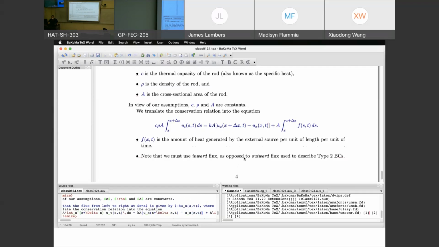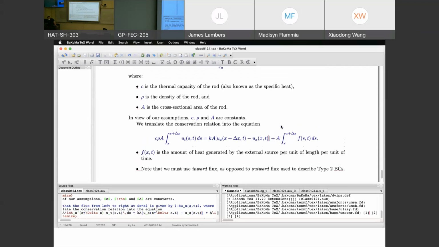That's why its sign is opposite to what it was up above. So k times u_x, that's flux, so flow rate per unit area, then we multiply by the area to get the total flux coming into the boundaries of this segment.